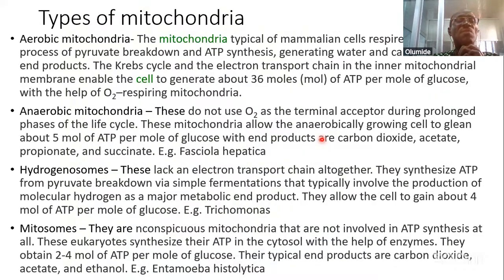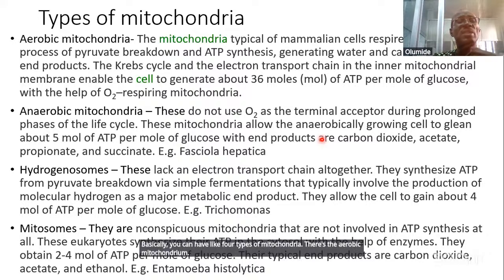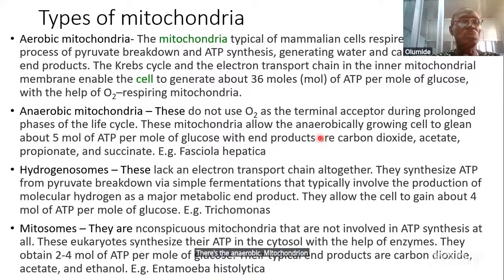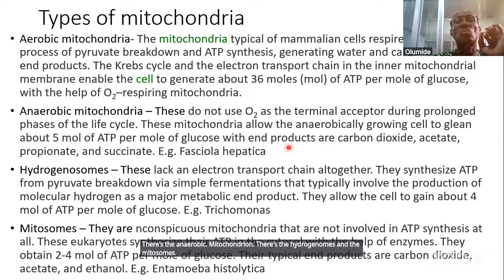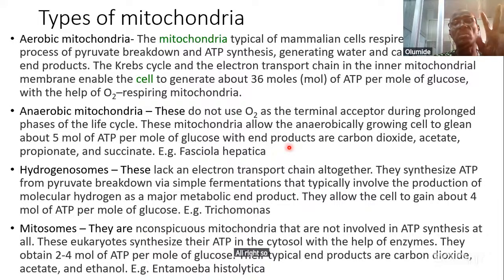Basically, you can have 4 types of mitochondria. There's the aerobic mitochondrion, the anaerobic mitochondrion, the hydrogenosomes and the mitosomes, all right? They all have their differences, but they are all involved in ATP synthesis.